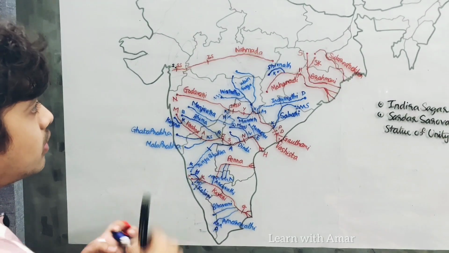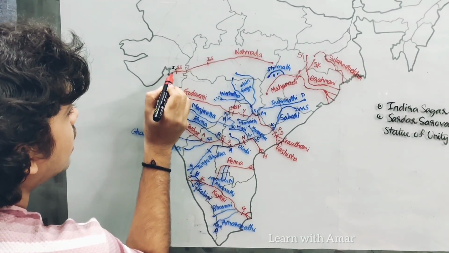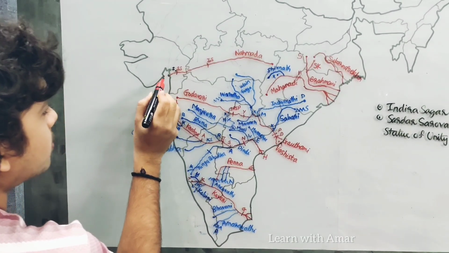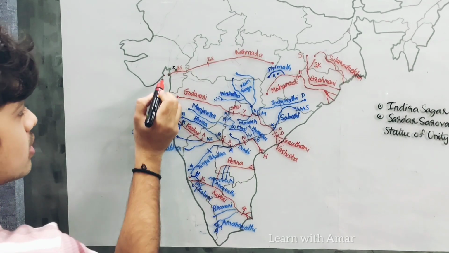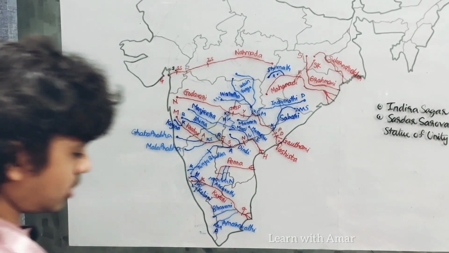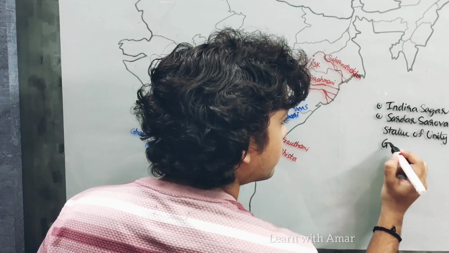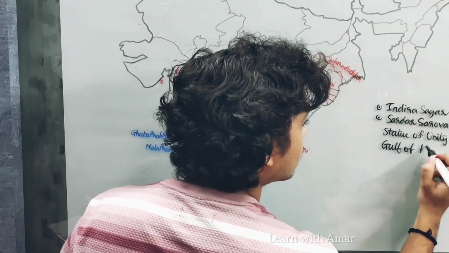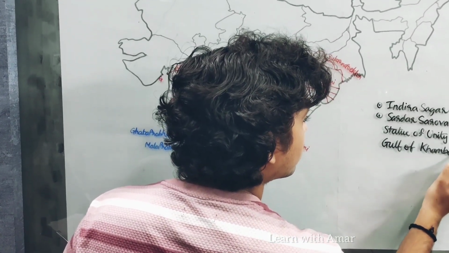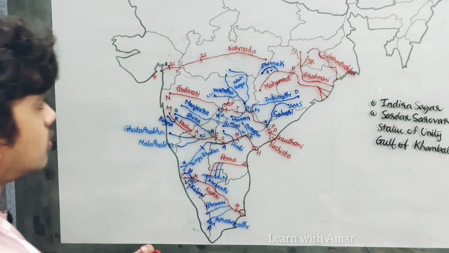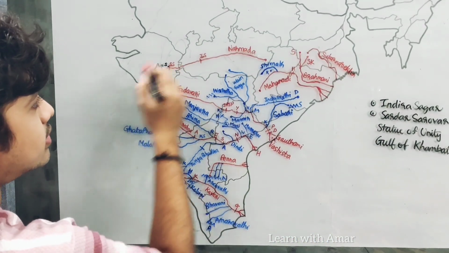Okay, and Narmada joins the Gulf of Khambat, this one, which is a gulf part of the Arabian Sea. So this is Gulf of Khambat. So this is the river Narmada.